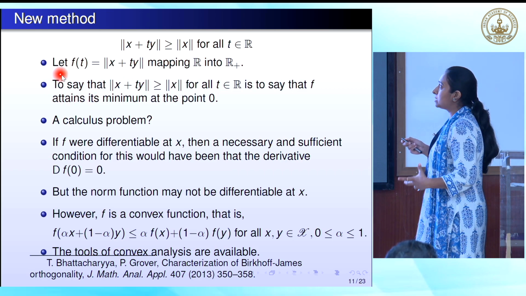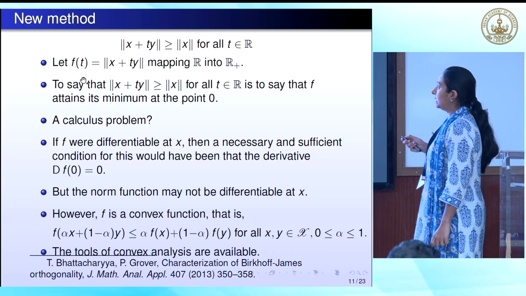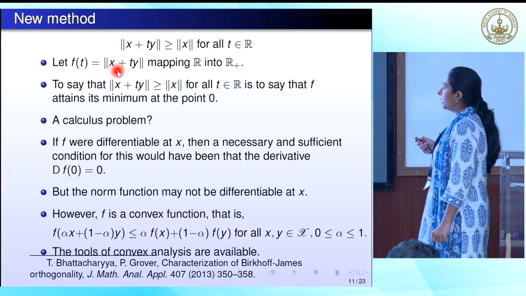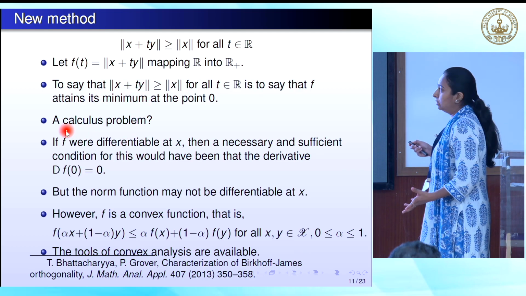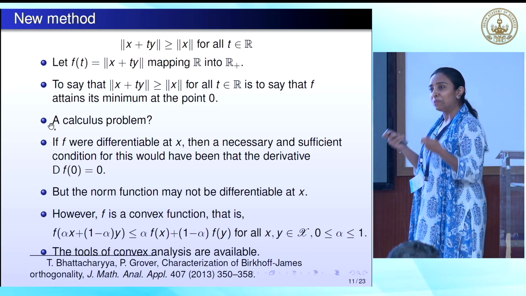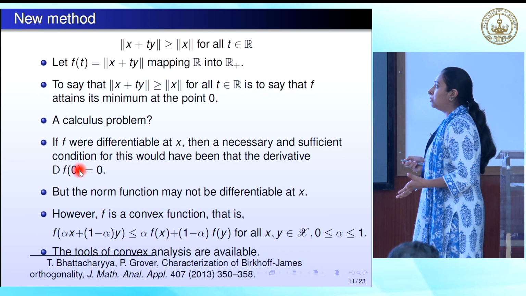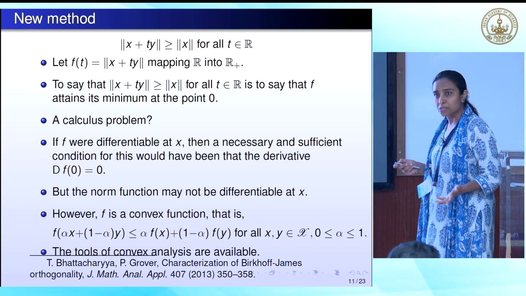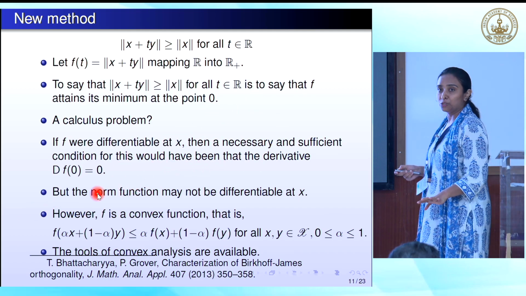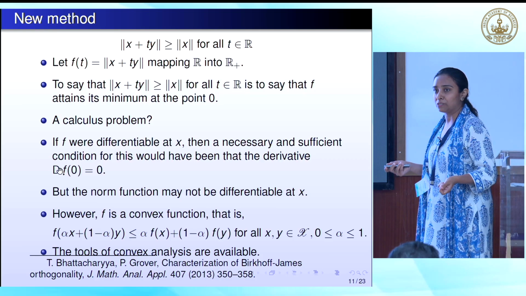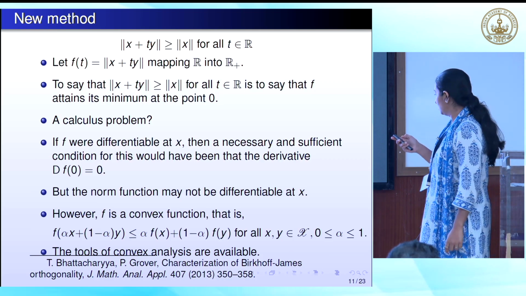Now if I look at this function f which takes t to the norm of x plus ty, then saying that x is orthogonal to y would be the same as saying that f is attaining its minimum at 0. Attaining a minimum at 0 is a calculus problem. The only problem is my f is not differentiable because norms are not differentiable. But then the tools of convex analysis come into the picture because the norm is a convex function. And that's where the idea of subdifferential comes in.